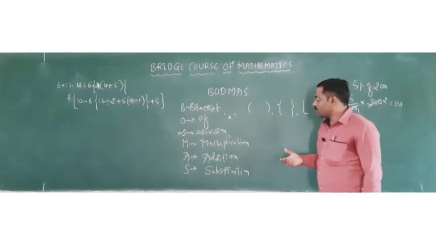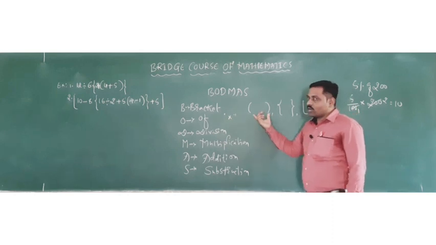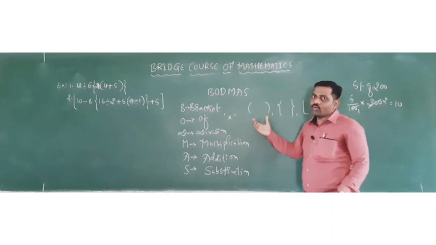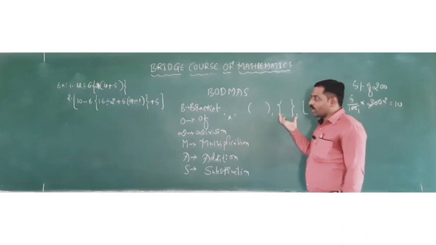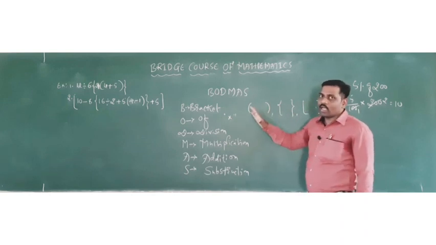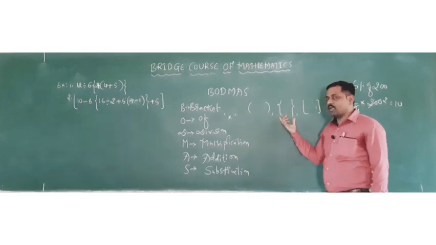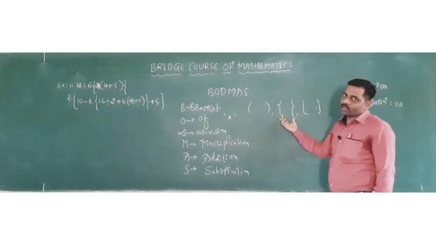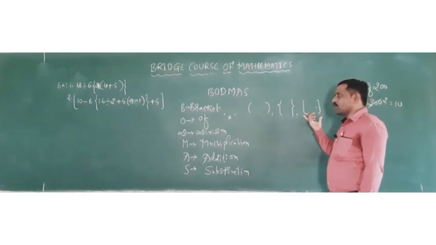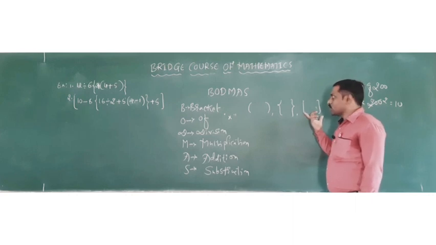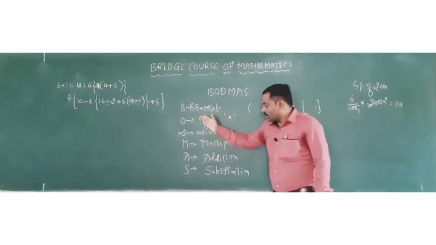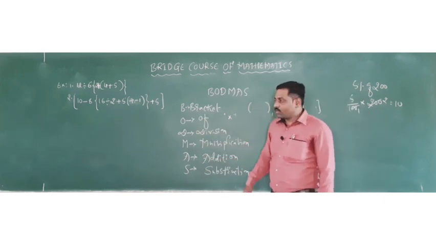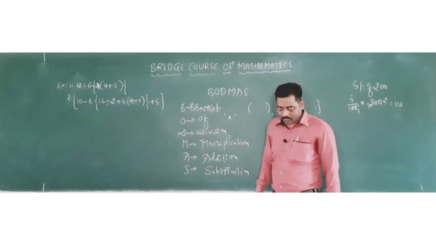Suppose in the given example some bracket is not there, then there is no need to remove it, so directly go to the next. If the flower bracket is not there, directly go to the square bracket and remove it. If the square bracket is not there, directly go to the following operations using the order.